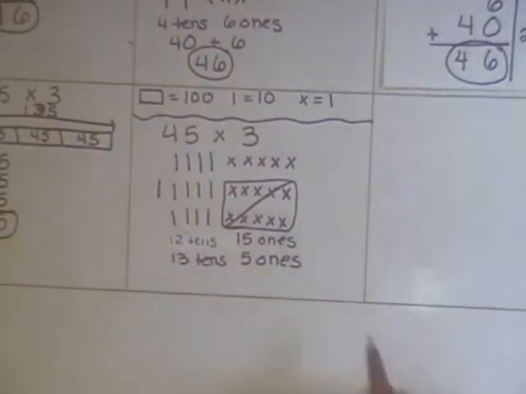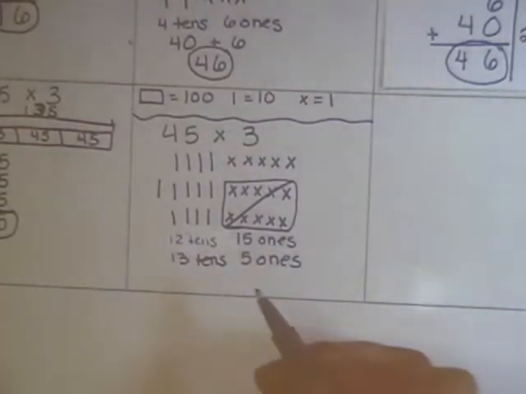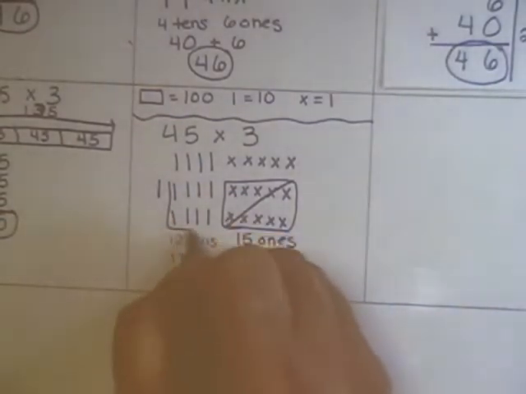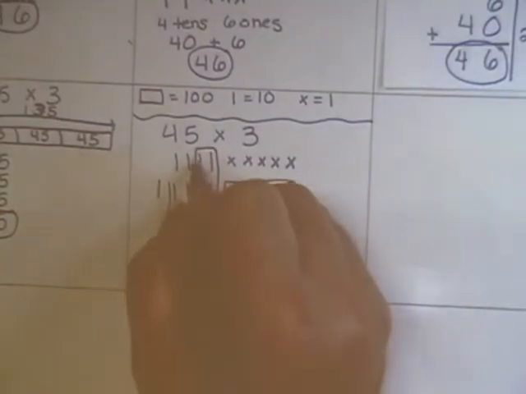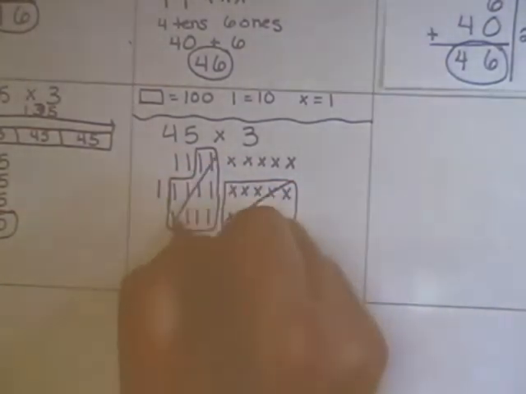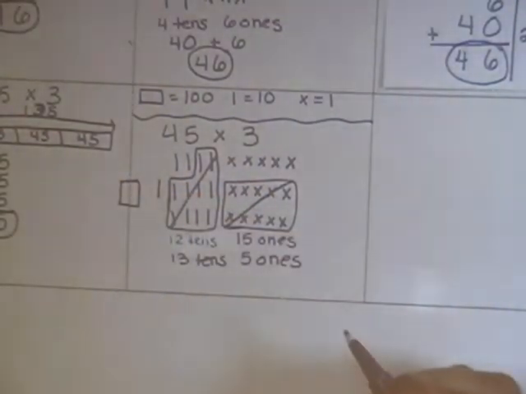I still kind of have a problem though. I can't have 13 tens. So I'm going to regroup. I'm going to take 10 of my tens and make a 100.